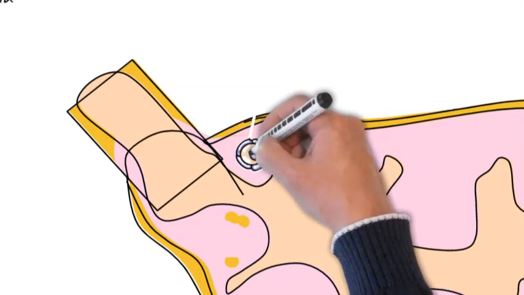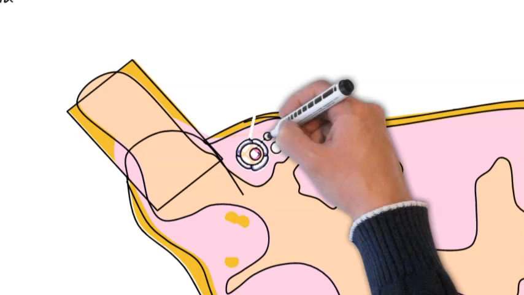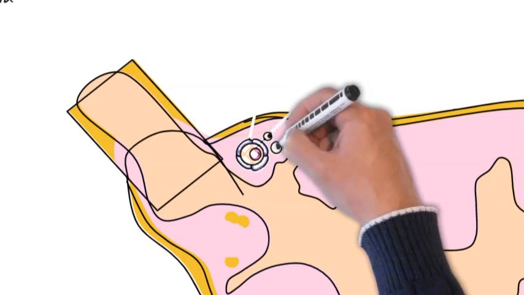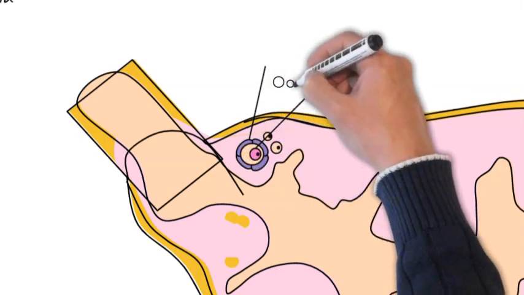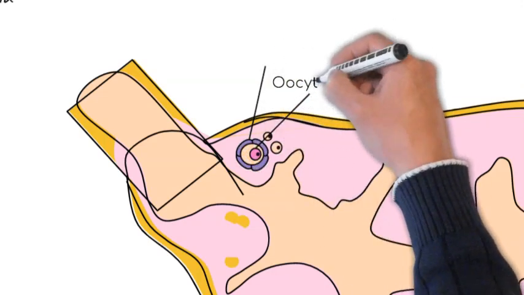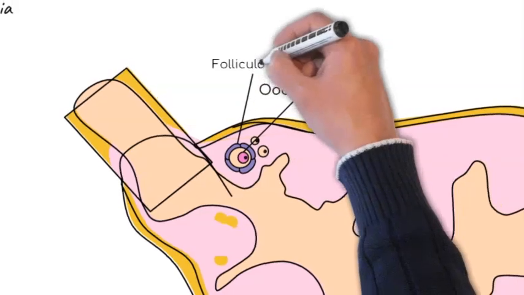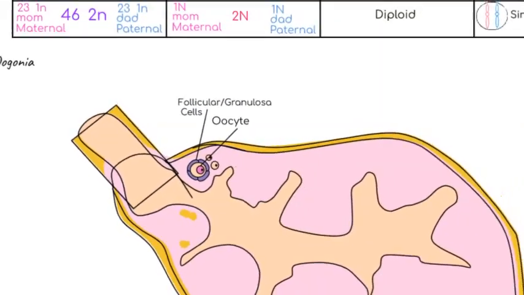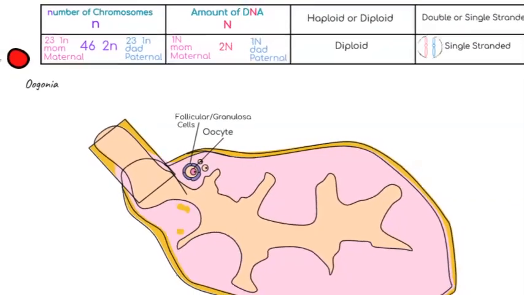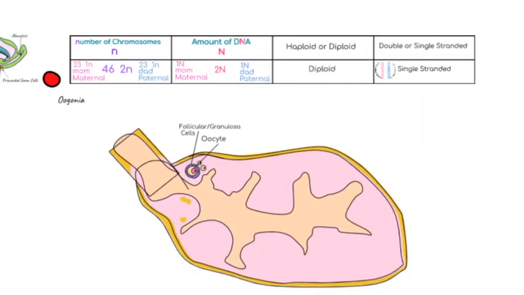These oogonia cells themselves will keep going through the mitosis process and go on producing more and more oogonia. So all of these cells will continue to have the same genetic material. Just to make sure, right now we're still going through mitosis with these cells.